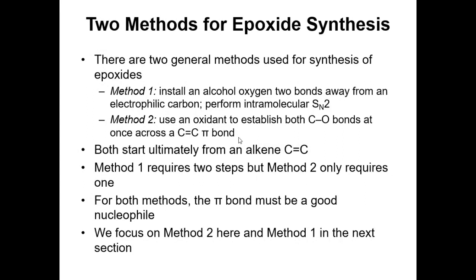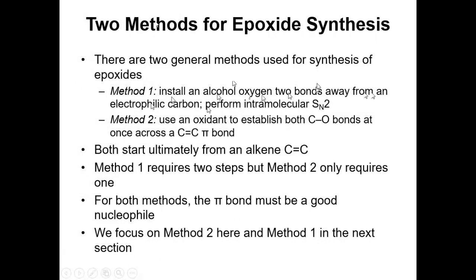So you will need an alkene to react with the peroxy acid. That's the only reaction we have learned so far by which we can get epoxide. But here, we also learn another method. Basically, we install an alcohol oxygen two bonds away from an electrophilic carbon, then we perform an intramolecular SN2.